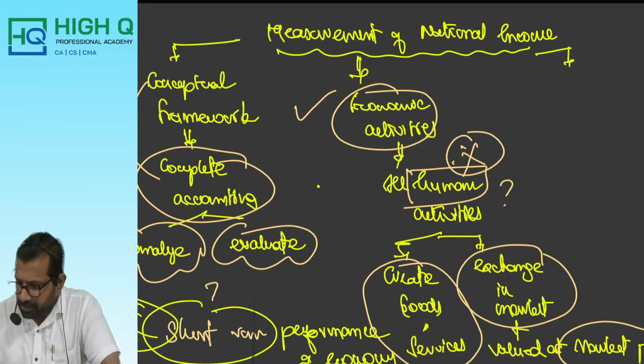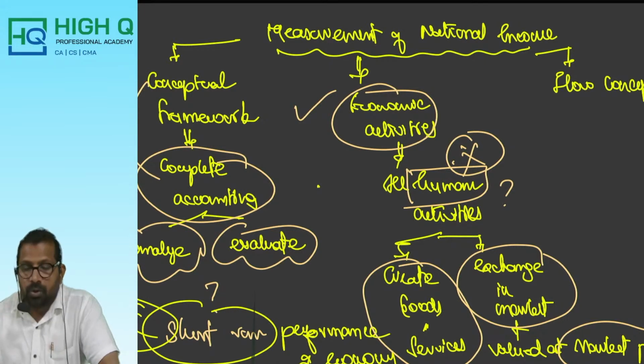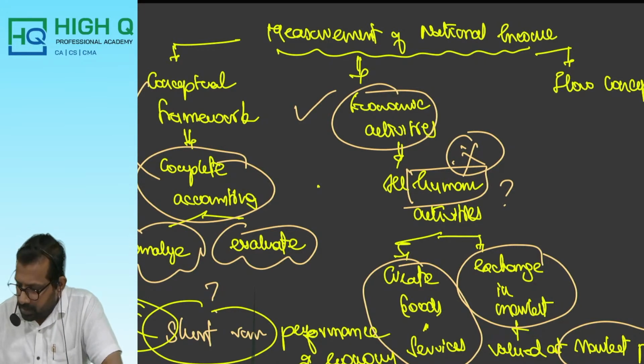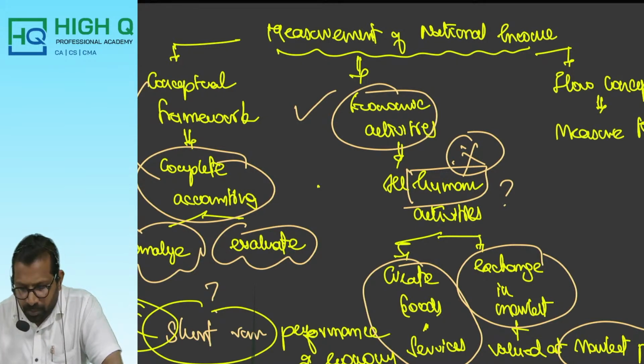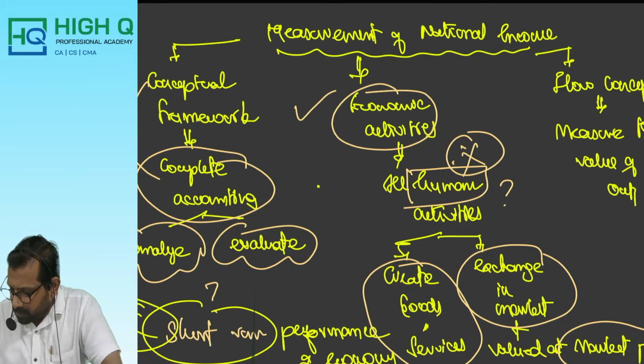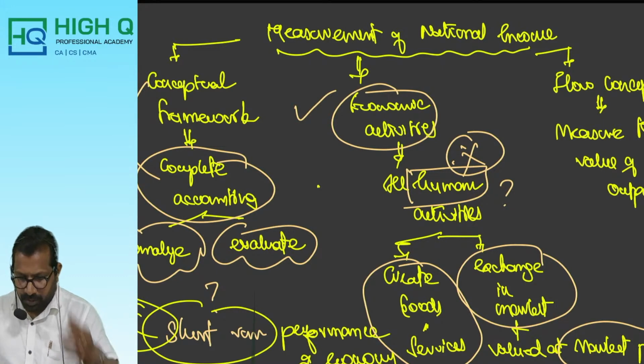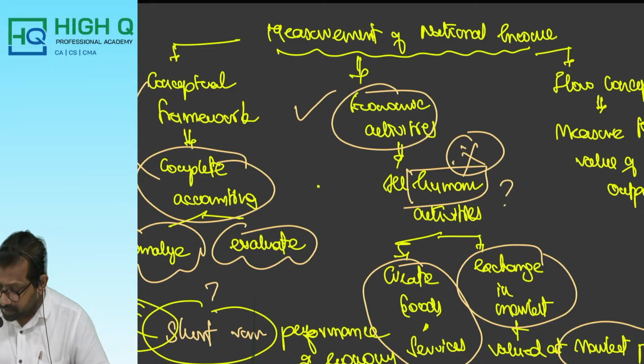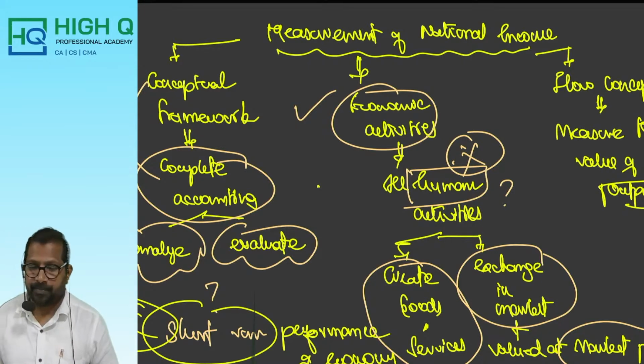Third point, flow concept. The flow concept is used to measure the value of output. So value of output means, what type of output, whether intermediate or final?